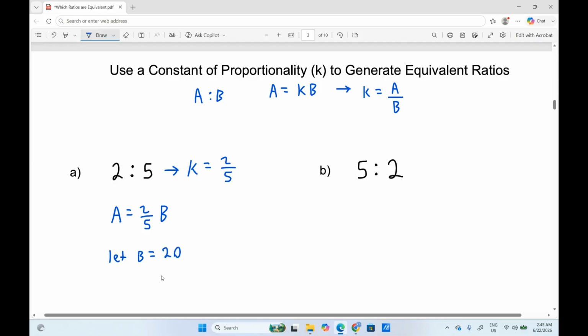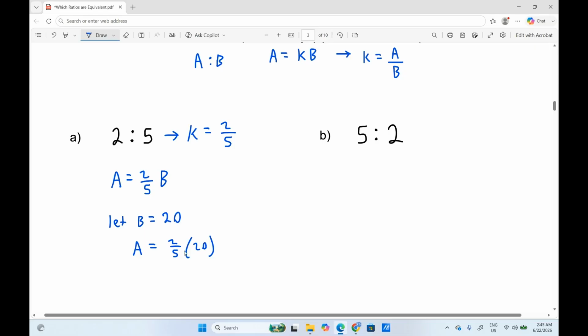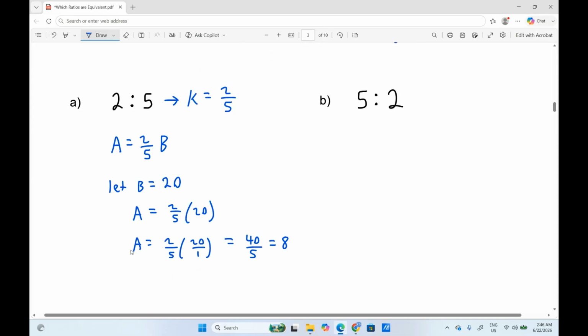So a equals 2 over 5 multiplied by 20. If you do 2 over 5 times 20 over 1, you can multiply these fractions top to top, bottom by bottom. That gets you a equals 40 over 5, which is a equals 8. So hence, if b is 20, a equals 8.